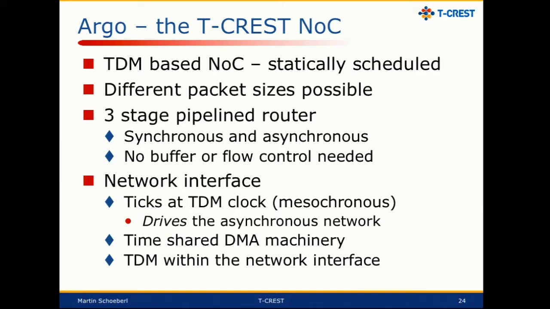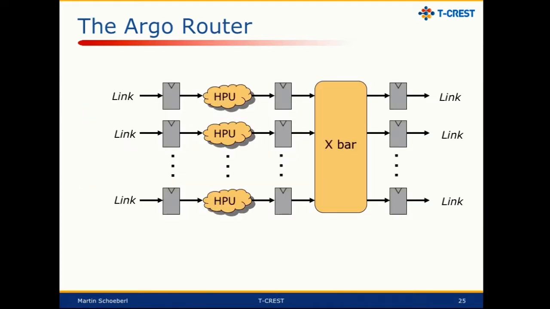And the network interface is also running on this TDM clock, and this one drives, as I explained before, the asynchronous network of routers with this synchronous clock. We also have a DMA machinery, so that the message gets out of the scratchpad local memory into the network, and this one is also time shared because it also knows about the schedule. The schedule goes up to the scratchpad memory, which is different.